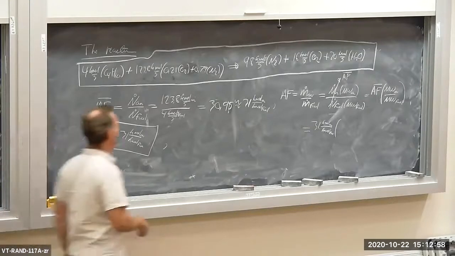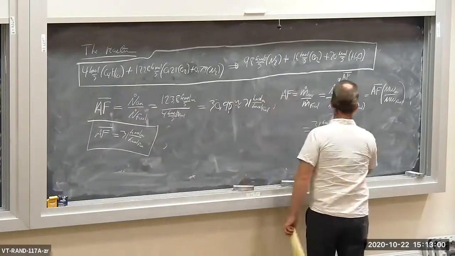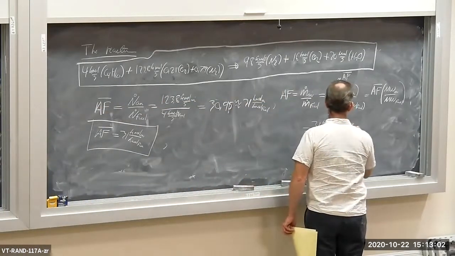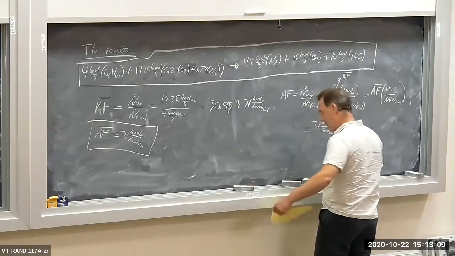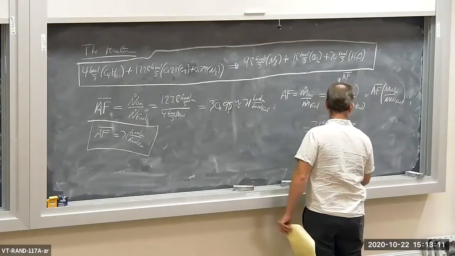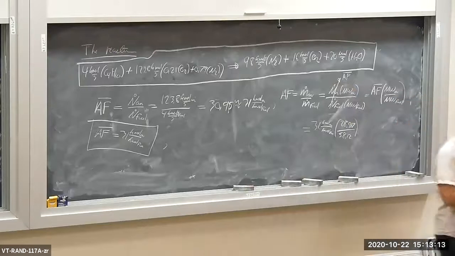So 28.97 over 58.12, and I get an air-fuel ratio of 15.4.